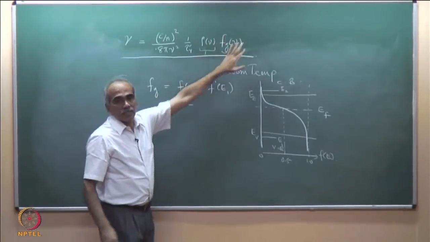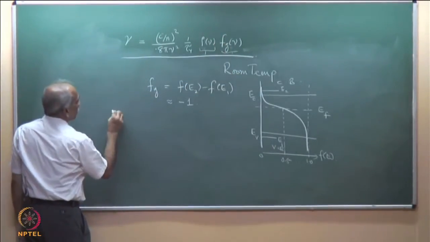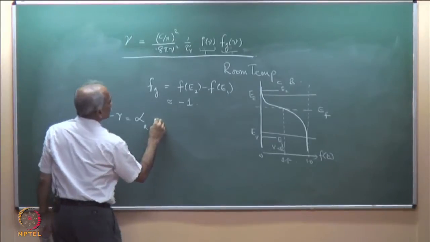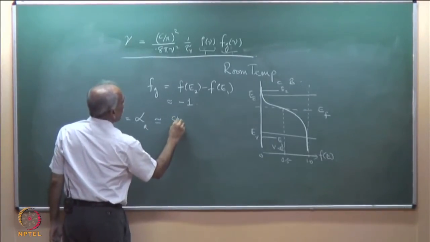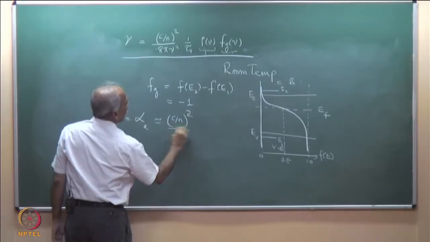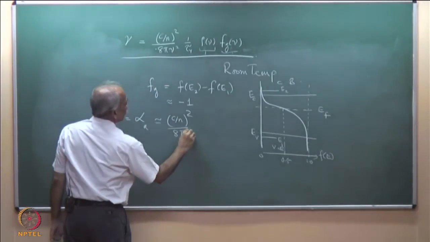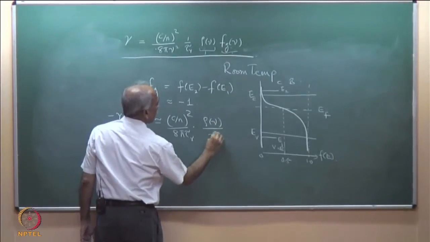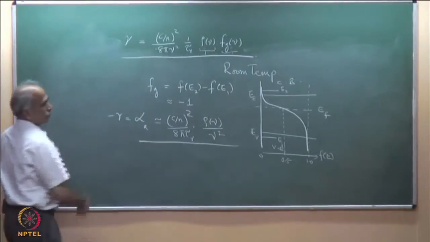So I can safely write alpha minus gamma, equal to alpha A, is approximately equal to C by n whole square, 8 pi into tau r, into rho of nu divided by nu square.